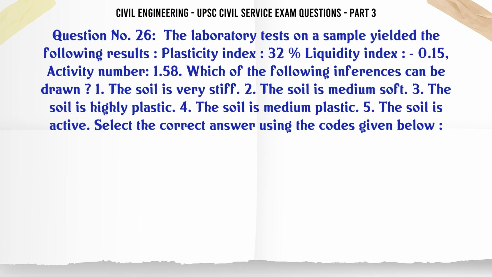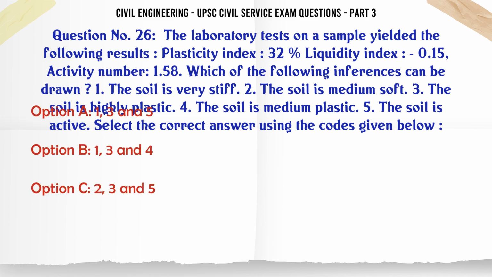The laboratory tests on a sample yielded the following results: plasticity index 32, liquidity index 0.15, activity number 1.58. Which of the following inferences can be drawn? 1. The soil is very stiff. 2. The soil is medium soft. 3. The soil is highly plastic. 4.